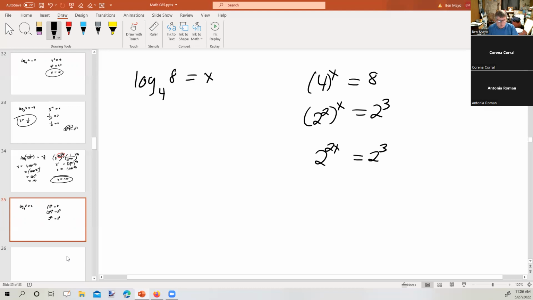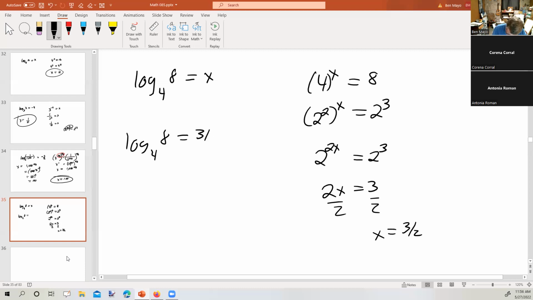So now I've got 2 to the 2x power equals 2 cubed. Therefore, 2x equals 3 and x equals 3/2. So log base 4 of 8 equals 3/2 because 4 to the 3/2 power equals 8.